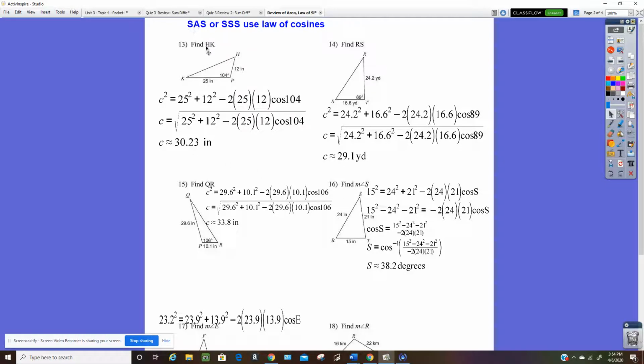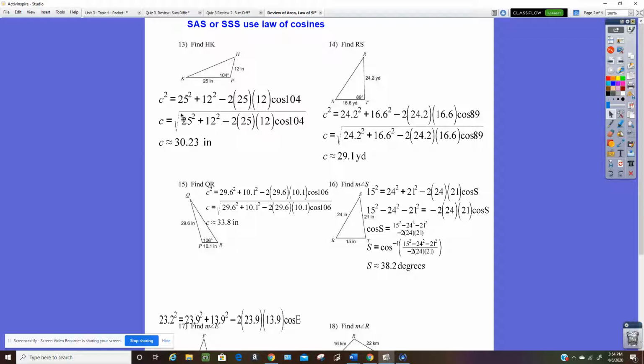And here, if we want to find a segment, if I want to find HK, I'm going to call that C. I don't know what it is, so C squared. And then A and B can be either of the sides that are remaining there. So I just always use the larger number as A and the smaller number as B. So 25 squared plus 12 squared minus 2 times 25 times 12 cosine of 104.